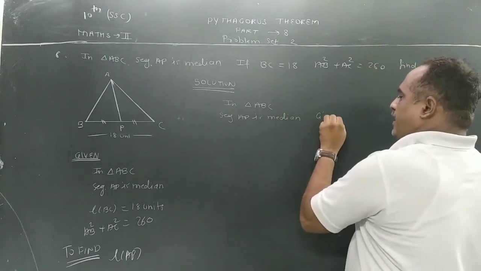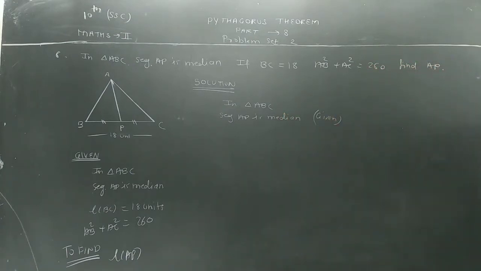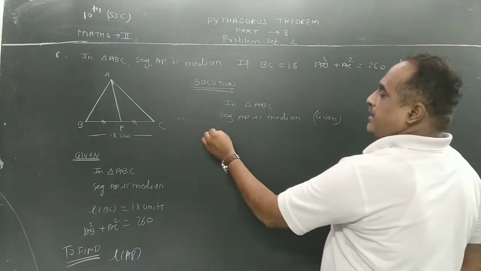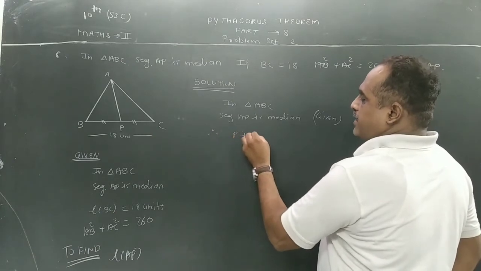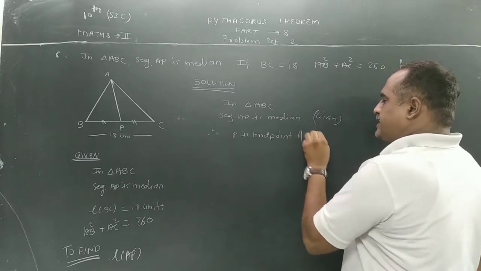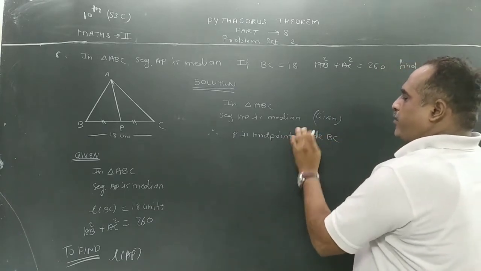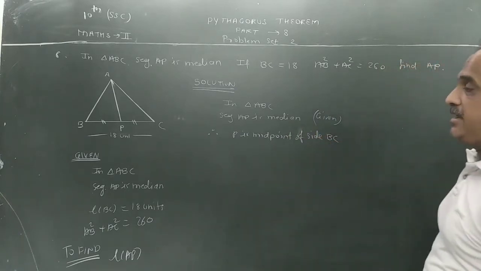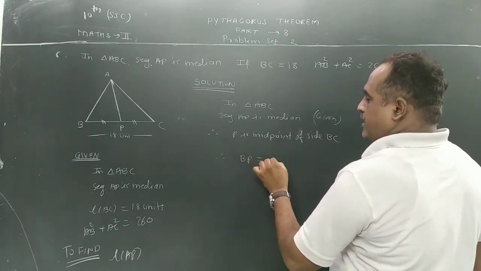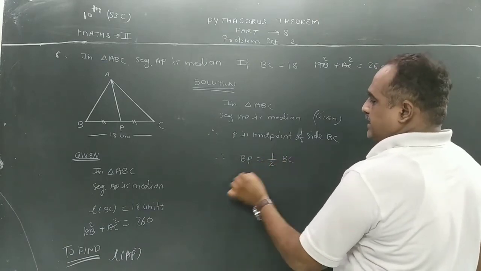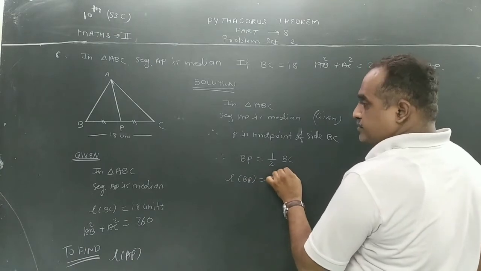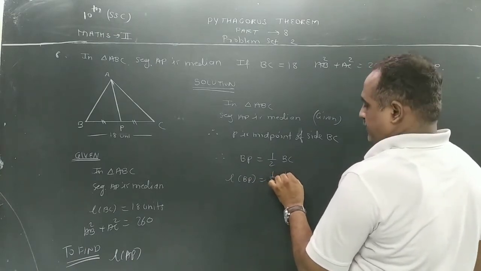This is given. So we know what is the median? Segment joining vertex and midpoint of opposite side. Therefore, I can write P is a midpoint of side BC. Therefore, BP is equal to half of BC, and length BP is equal to half into 18.